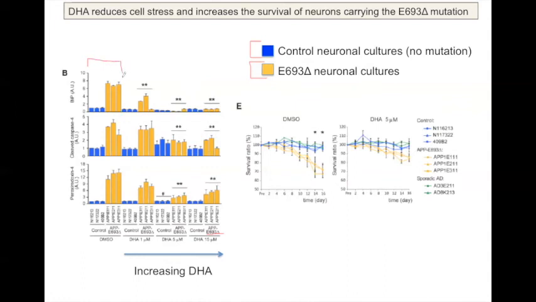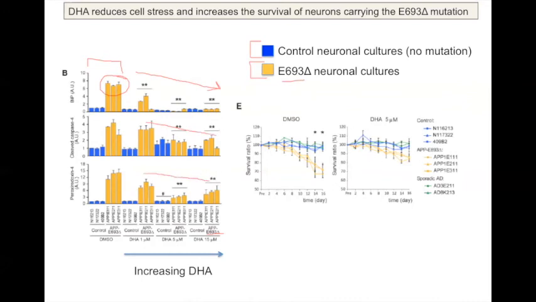This is the level of intracellular A-beta peptide. And there are also measures of cellular stress as well. So what happens? Here is increasing DHA, and what you can see is that in our E693 mutations, in each case, we start to see a decrease in this level.